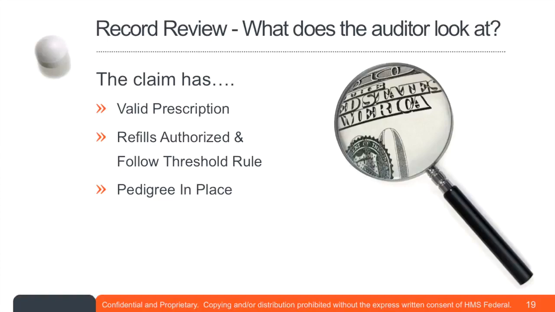So either for the state that would be audited, or in a few years when everybody's up to speed on track and trace and pedigree, that will be an auditing point, or is an auditing point, to make sure that, again, the pedigree is in place for the drug that's dispensed.